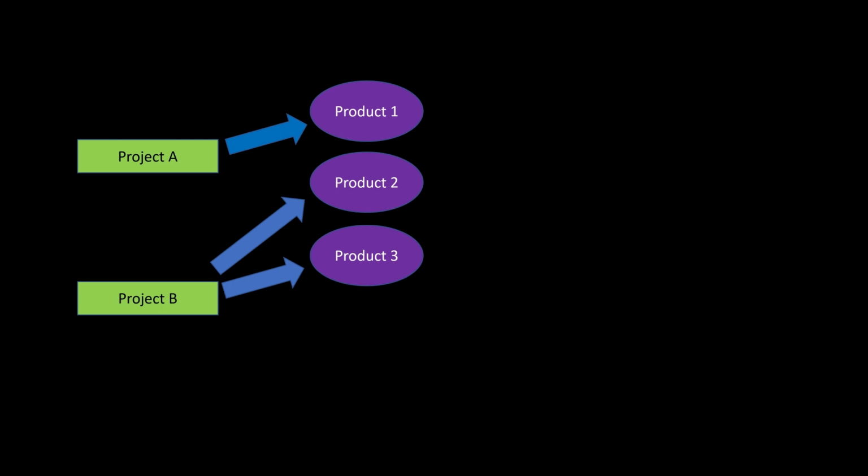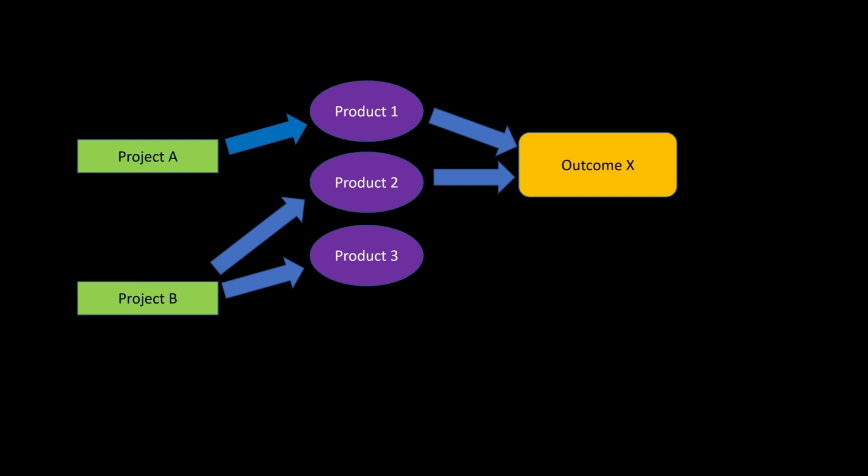But what we find is a combination of the products from both of those projects together provide a change. So just upgrading the desktop computers is not going to give much benefit at all on its own. But if we're also upgrading the speed of our network, we get a change where we get much more responsive computers for our end users.